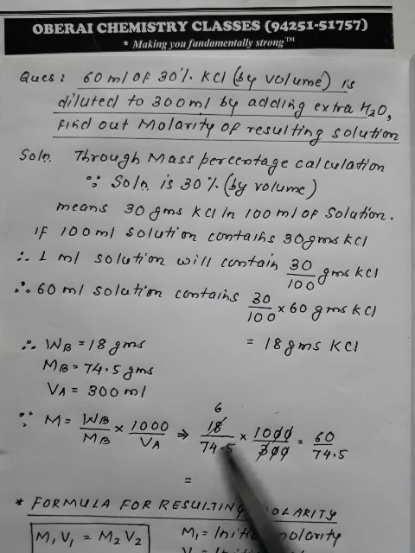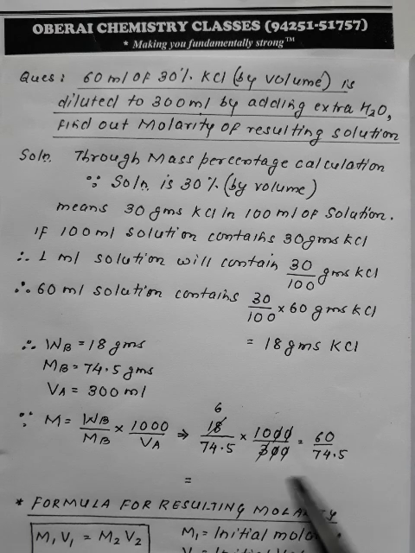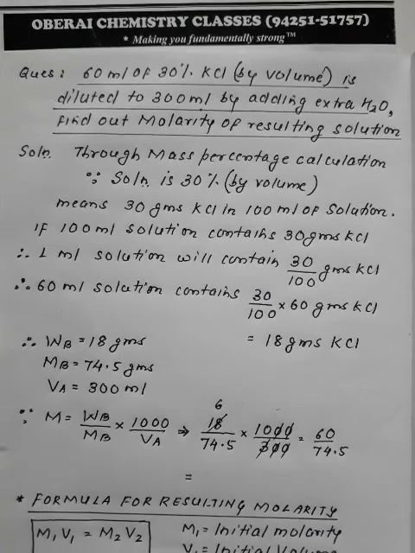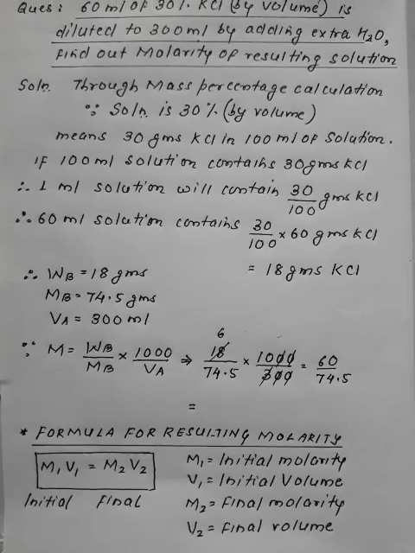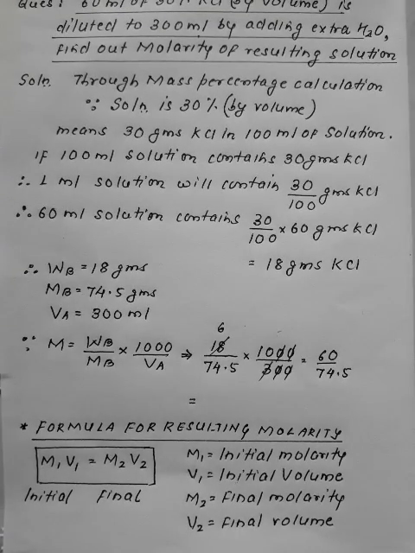On calculation it becomes 60 by 74.5. Solve it. 60 upon 74.5 will give you the molarity of the solution, whose unit would be molar or moles per liter.